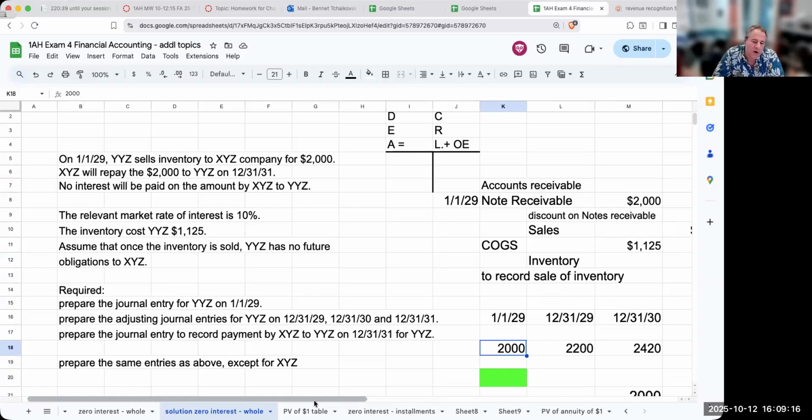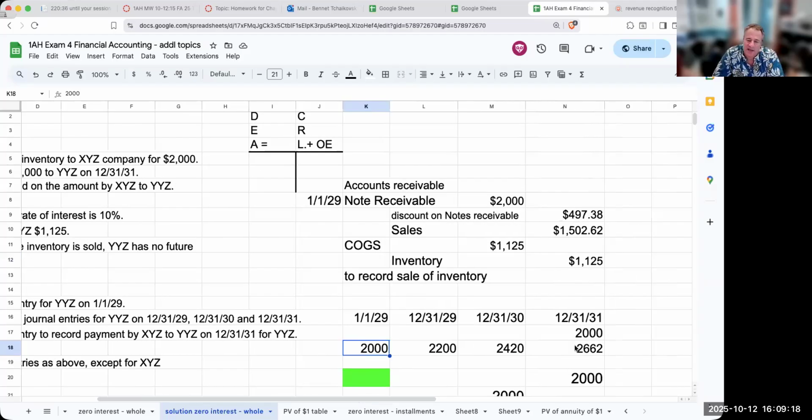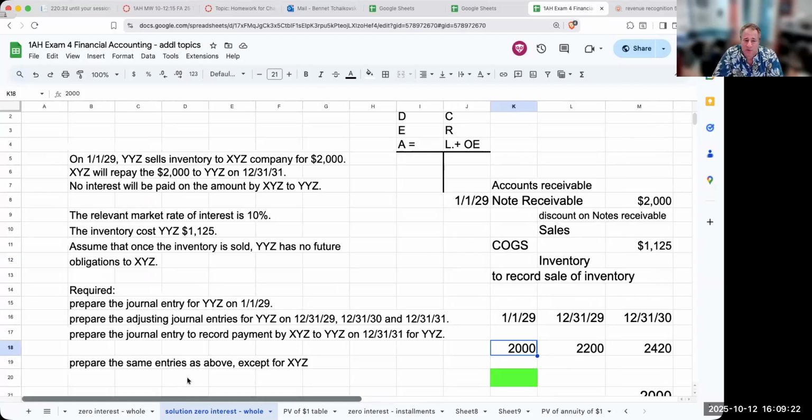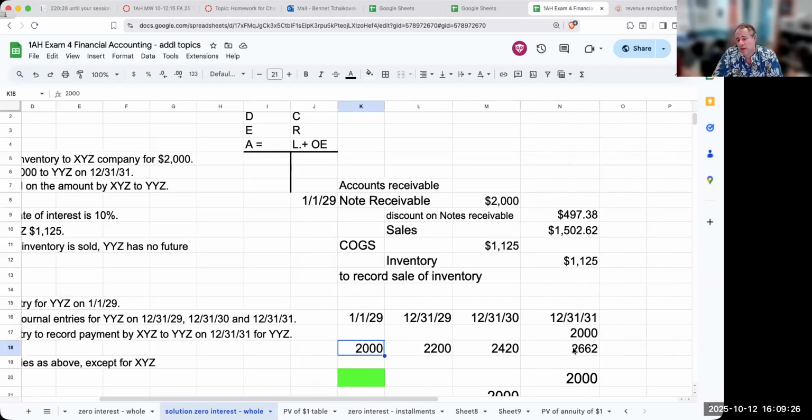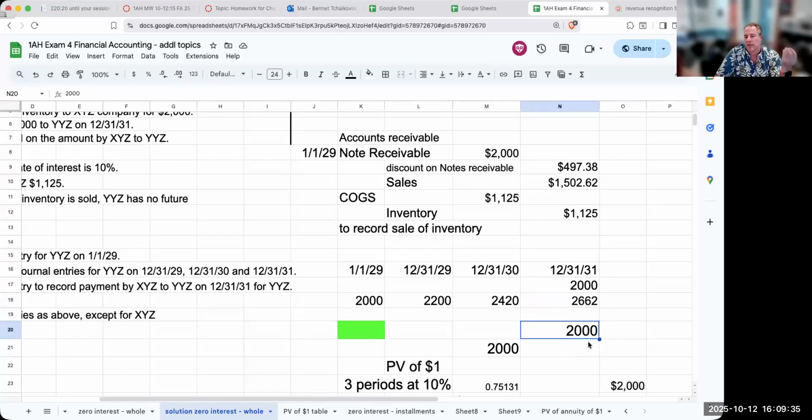So why is it not the same thing? Because if I got $2,000 today, and the relevant market rate of interest is 10%, then theoretically I could make this grow to 2,662. So $2,000 3 years from now is not the same as $2,000 today.